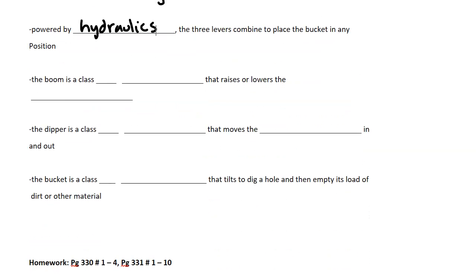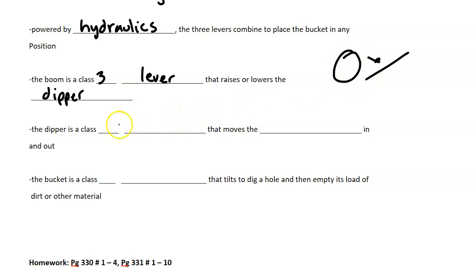If we were to take a look at the boom, it is actually a class 3 lever with the effort in the middle, which raises and lowers the dipper. On the backhoe, this is the one that is closest to the person.